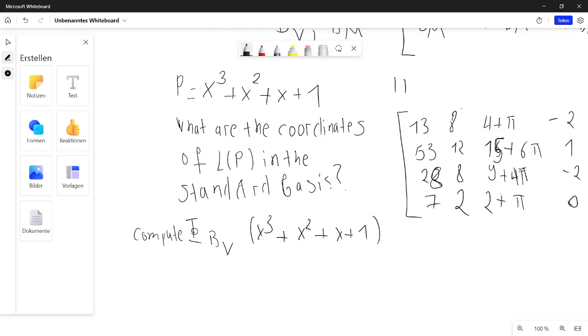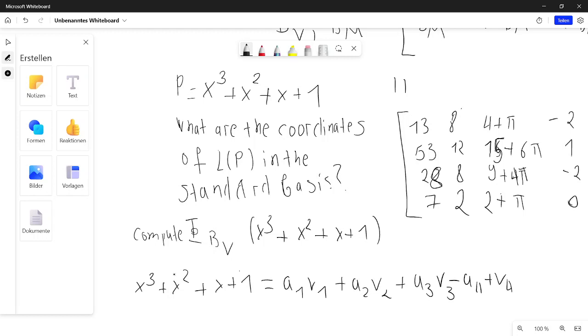Well, basically you use Gauss, right? So you compare these coefficients plus x plus 1. Then you have to represent it by this basis, right? You have the first basis vector in this BV, and you have some coefficient by it, some A1, some A2 V2, some A3 V3, some A4 V4.